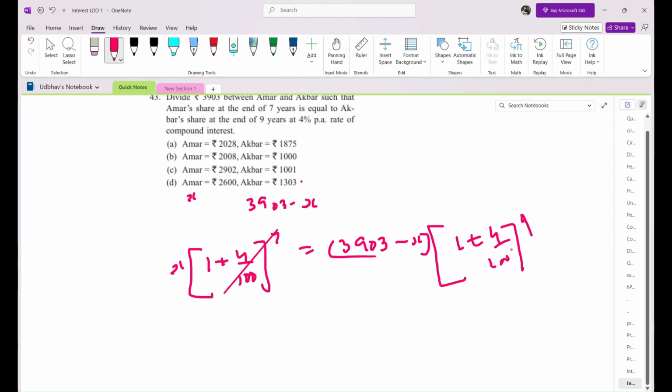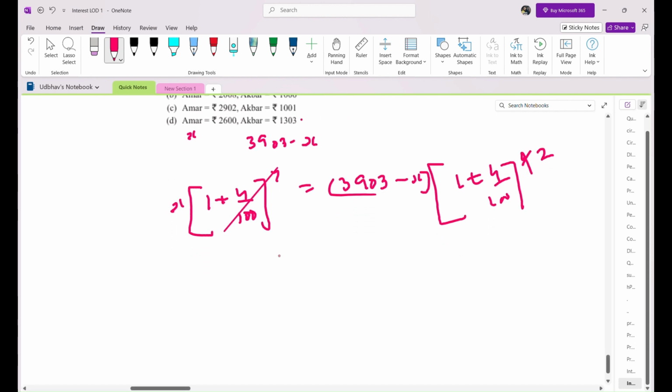This will cancel two powers, only two powers will be left here. So we can take x this side and bring this one this side.